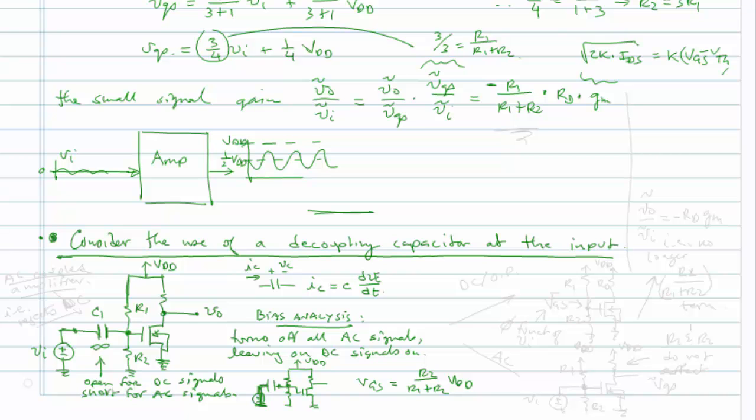The reason I can say short is that if we accept that this capacitor is practically infinite, then anything that's not purely DC will result in that capacitor appearing like a short.